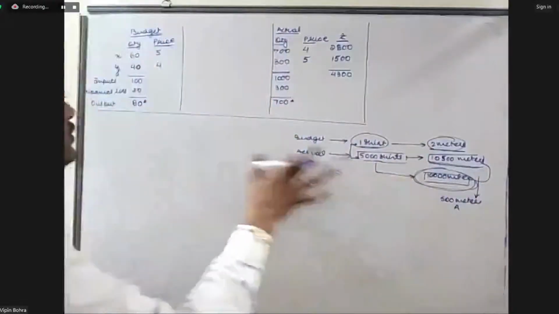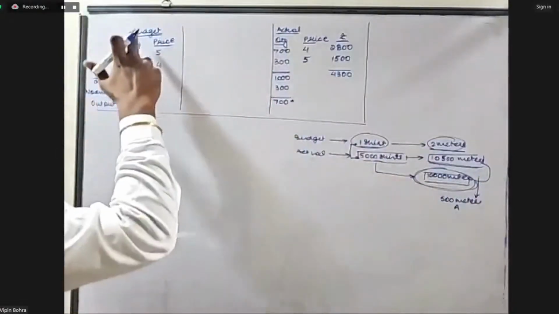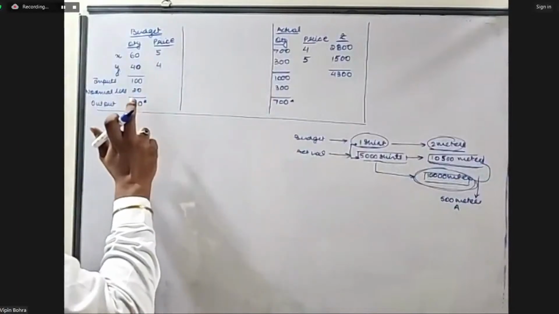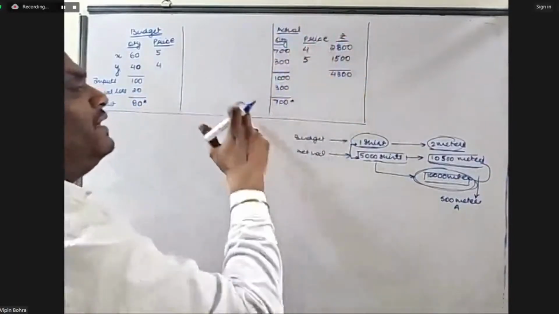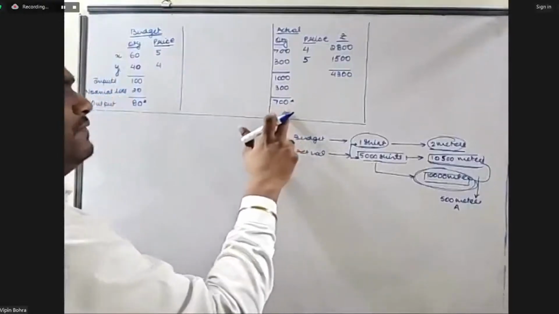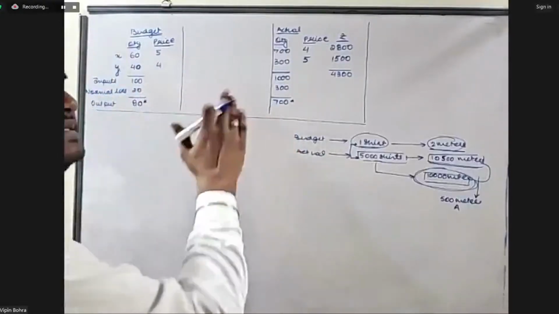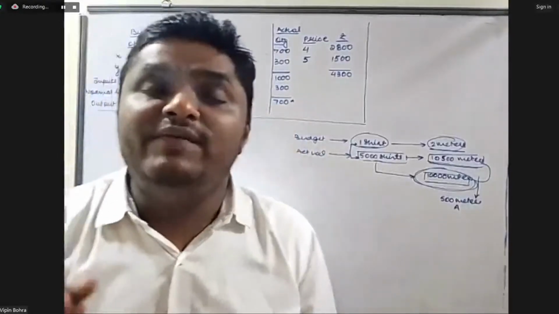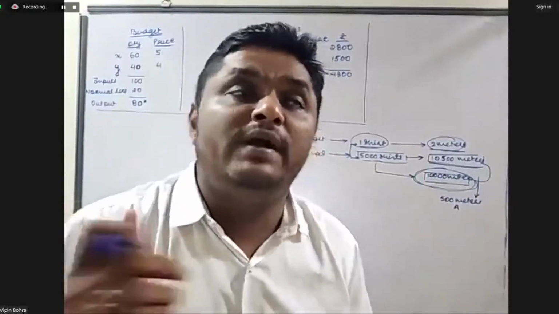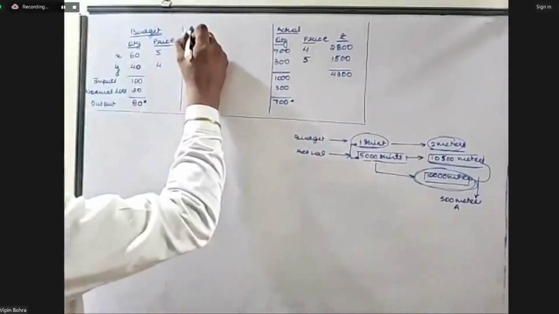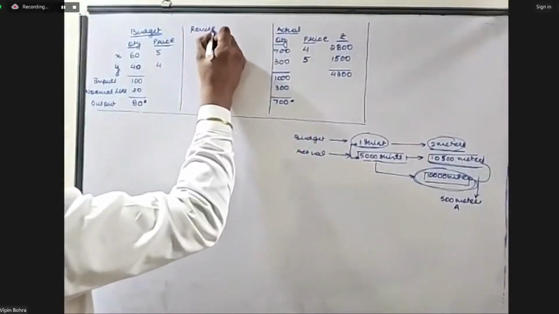Again, this data is given for 80 units of output, while the actual data is for 700 units of output. So can we make this data comparable? Yes, we can. We have to prepare a revised budget, or we can say a revised standard.